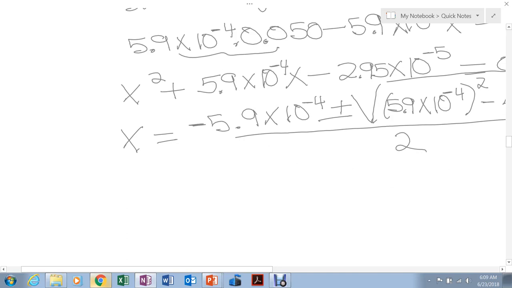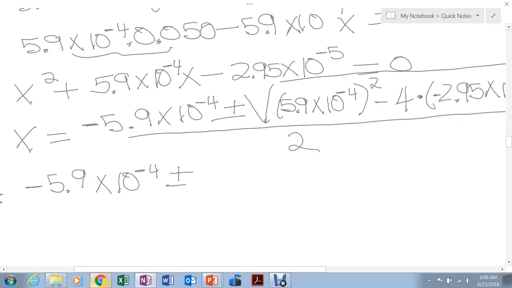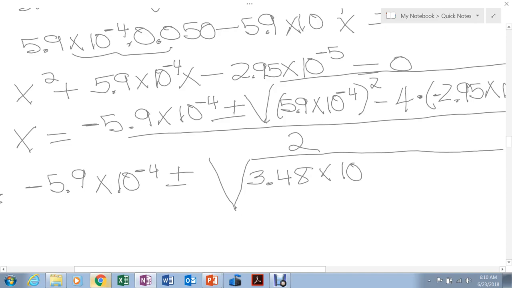So we got x equals minus 5.9 by 10 to the negative 4 plus minus the square root. This squared is 3.48 times 10 to the negative 7.